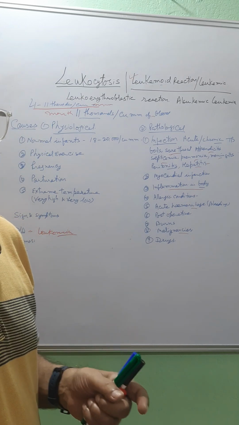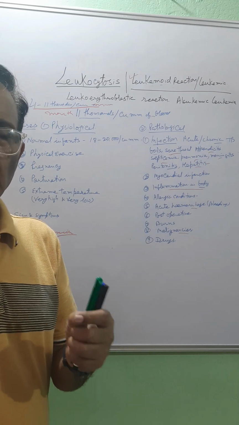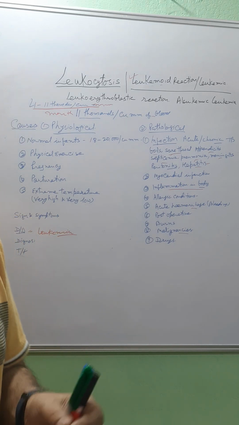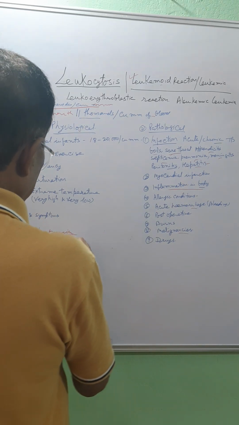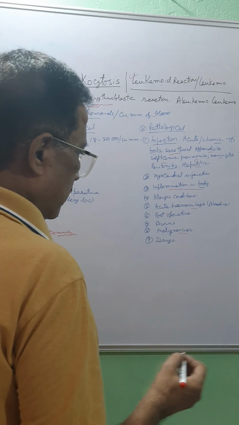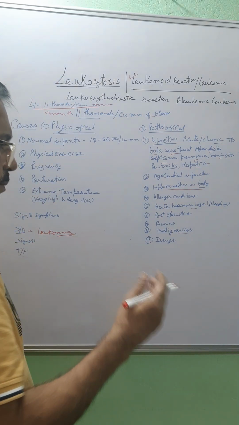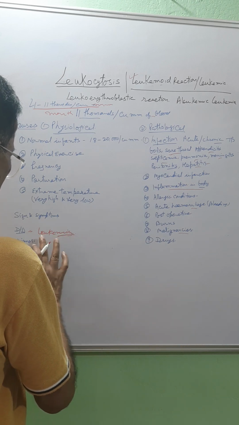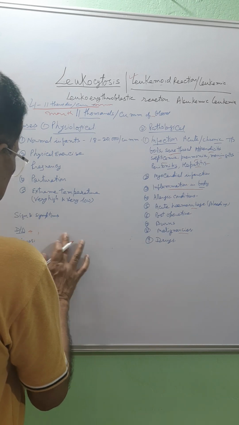Number 2, immature cells are present and they are functionally immature. They are of no use. This is leukemia, known as blood cancer or malignancy. It is of mainly 2 types, myeloid and lymphoid. Okay, this is leukemia.